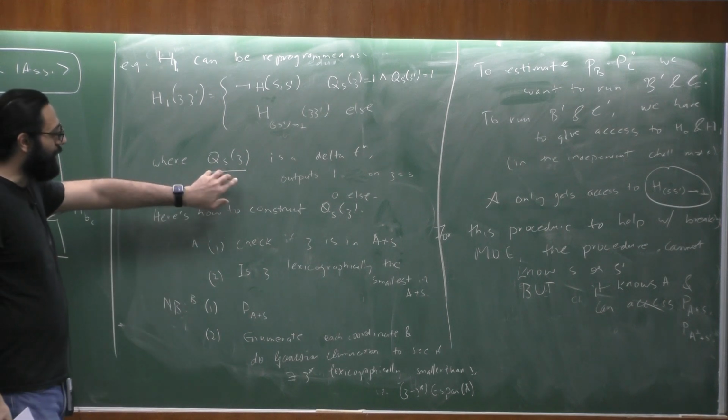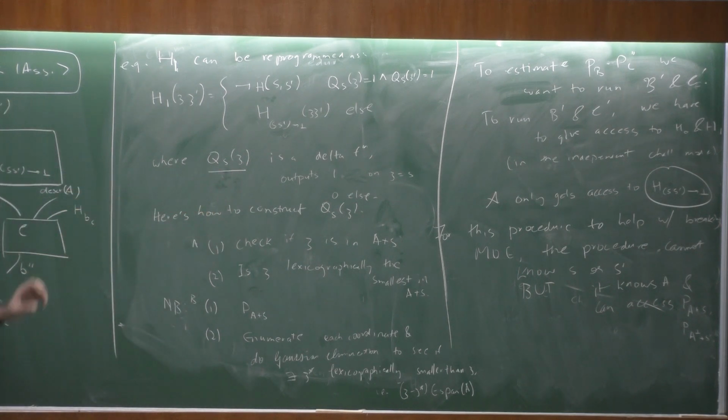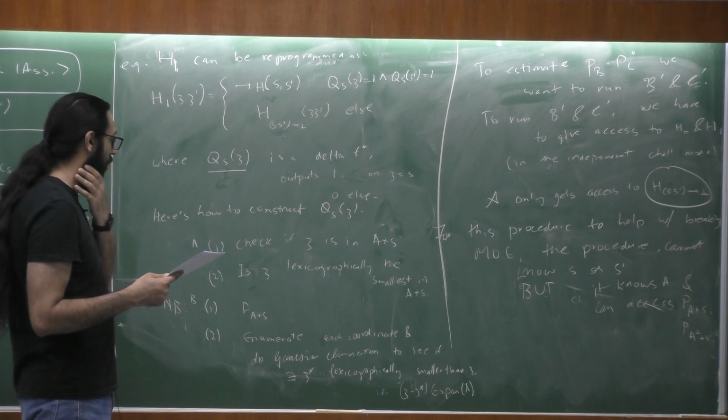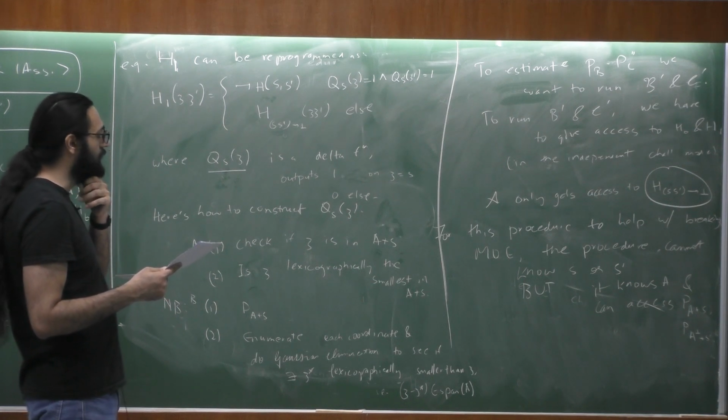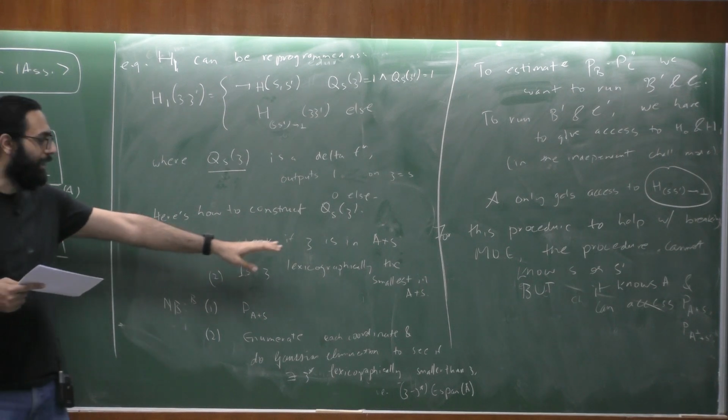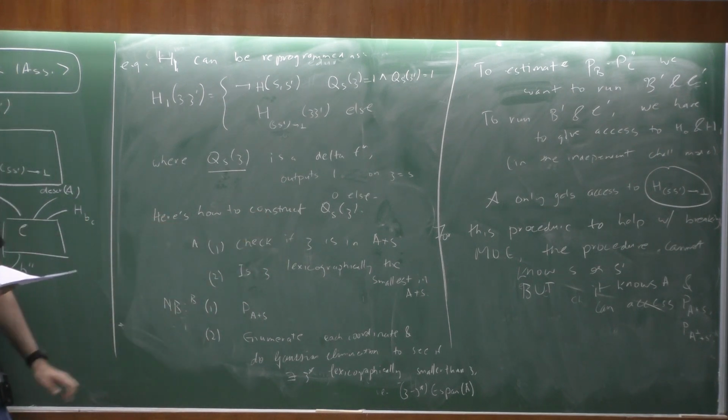It's just a membership oracle for S, and we're constructing it from the membership oracles of A plus S. A1 just seems redundant if A2 is there. Yeah, sure. It's just giving you intuition: first make sure it is in the set, and then that it is the smallest.